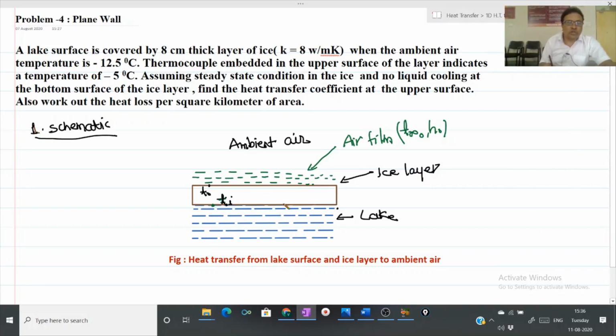Now it is quite sure heat transfer will take place from the lower surface of the ice layer to the upper surface, and finally from the upper surface to the ambient air film. So this way the temperature will vary in the ice layer and in the air film.